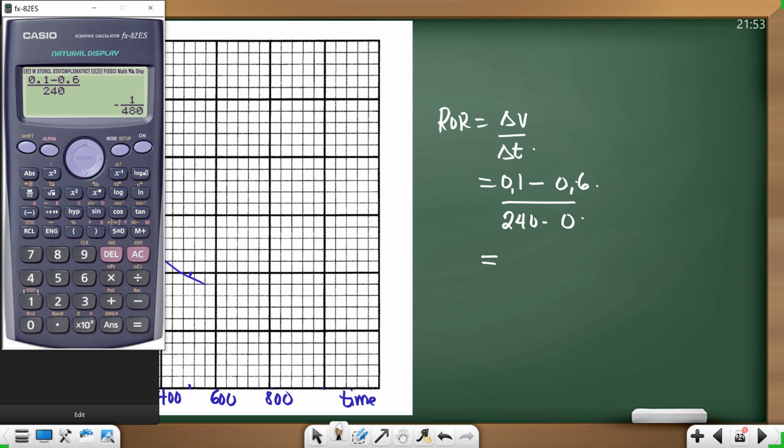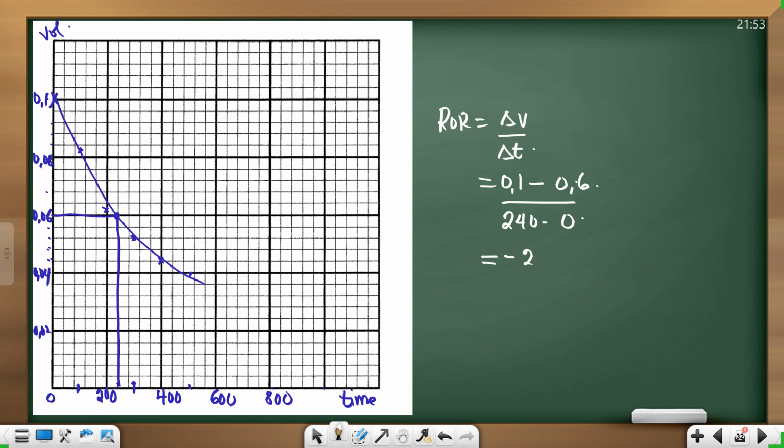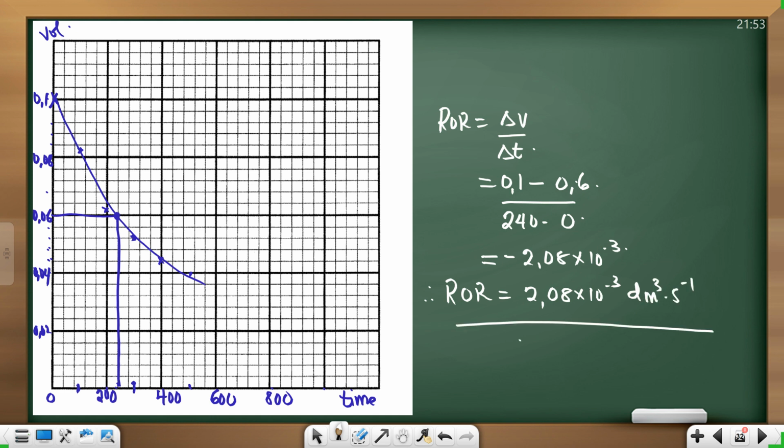This is negative 2,08 times 10 to the power negative 3. Therefore, the rate of reaction is 2,08 times 10 to the power negative 3 dm cube per second. Please don't leave your answer as negative.